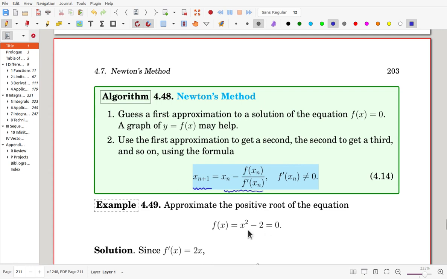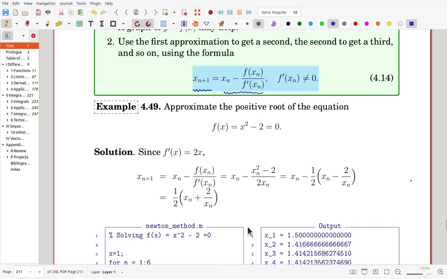Okay, here we need to approximate the positive root of the equation x squared minus 2 equals 0. That equation came from this one. Let's say x equal square root of 2. So we want to find square root of 2.